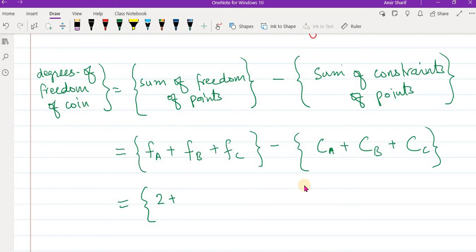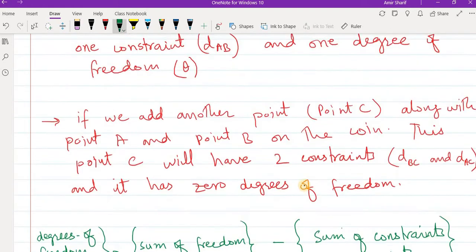So if no constraints are subtracted, then A will have 2 degrees of freedom, B will also have 2 degrees of freedom, and point C will also have 2 degrees of freedom. When we said that point C has 0 degrees of freedom, this was after subtraction: 2 freedoms minus 2 constraints, 0 degrees of freedom.